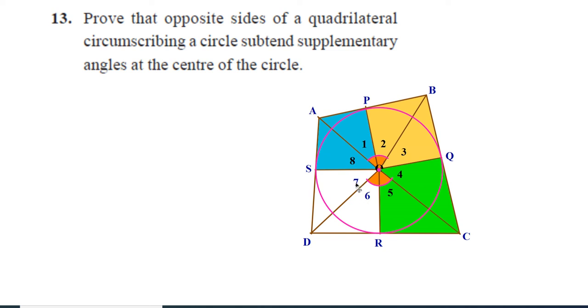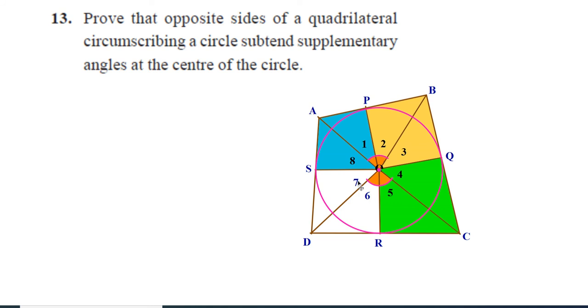Now what will you get if you add 1 plus 2 plus 3 plus 4 plus 5 plus 6 plus 7 plus 8? It is 360 degrees. But instead of angle 8, you can write angle 1. Instead of 3, you can write 2. Instead of 4, you can write 5. Instead of 7, you can write 6.